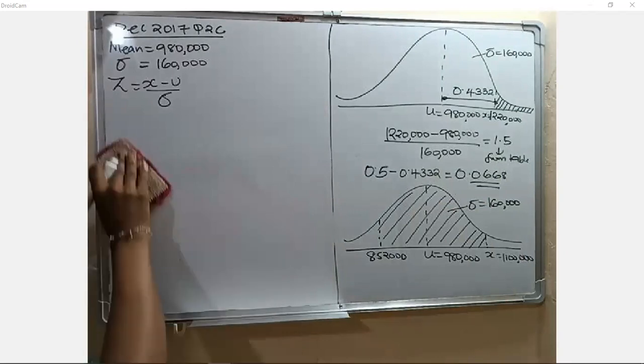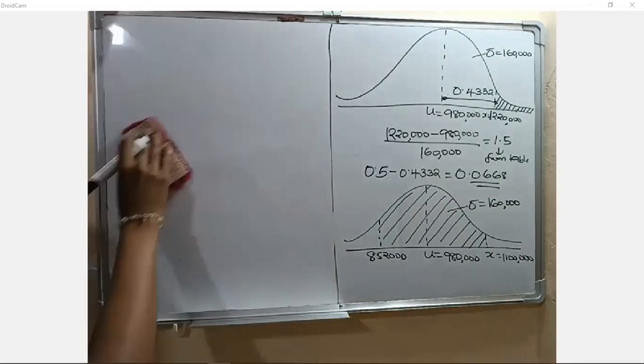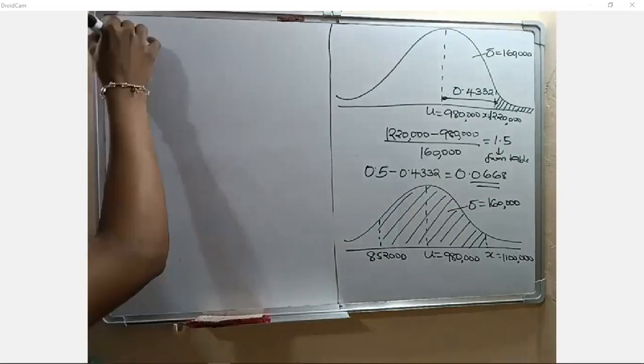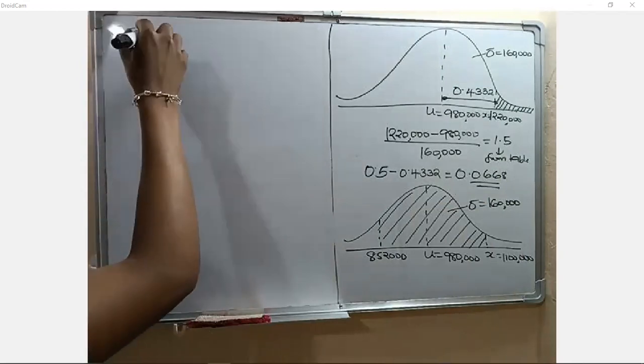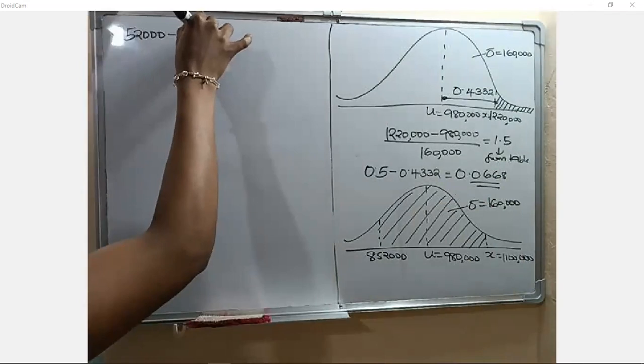To get that area, very simple here. Let me take 852,000, which is the point away from the mean, minus 980,000.